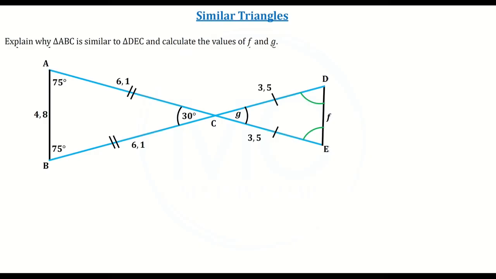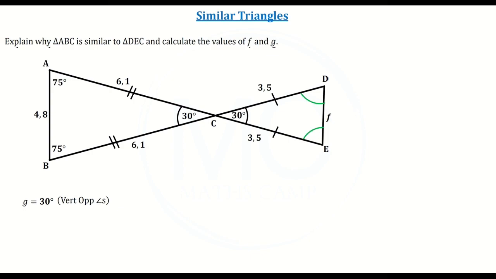So we can say angle G is 30 degrees, and the reason why is because these are vertically opposite angles. So let's make our diagram black again. Let's take out G and we can fill in 30 degrees.